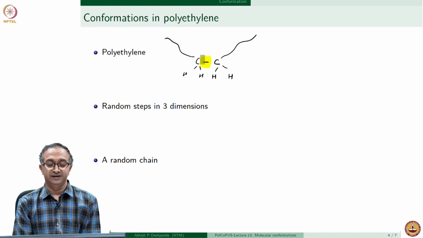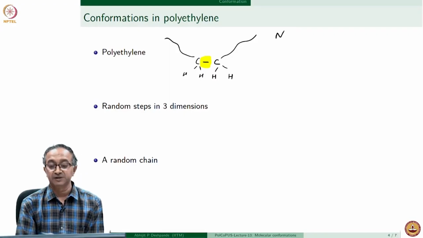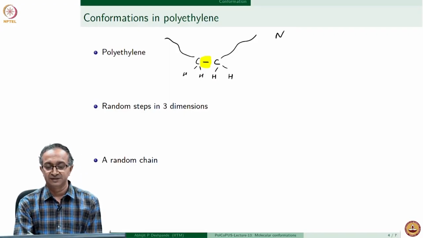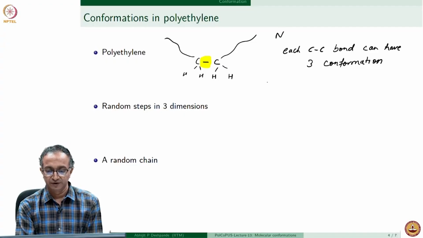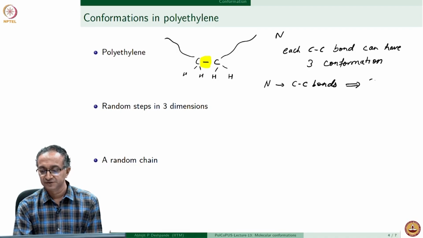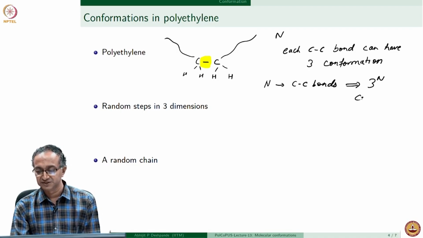So effectively, if we have capital N bonds and each CC bond can have 3 conformations, a polyethylene molecule with N CC bonds will have 3 to the power N conformations.